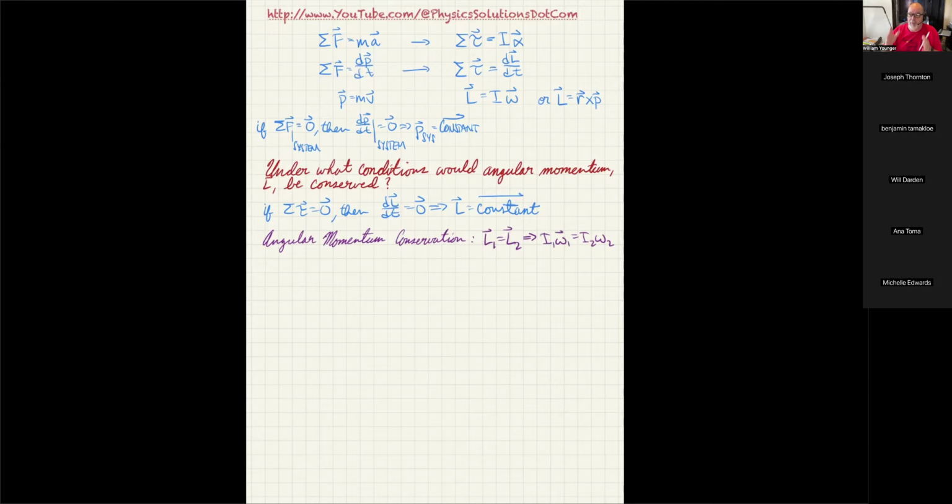That angular momentum would be that moment of inertia I that we could calculate using a series of mr squareds times that omega, which might be a certain number of revolutions per minute, or it might be a certain number of radians per second, or whatever. But as I was spinning, if I was going fast enough that I could keep spinning for a while, I might decide to stick my arms out like this and then spread my legs really far out as well.